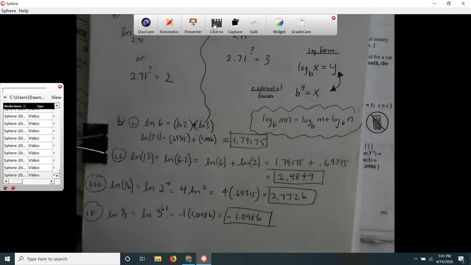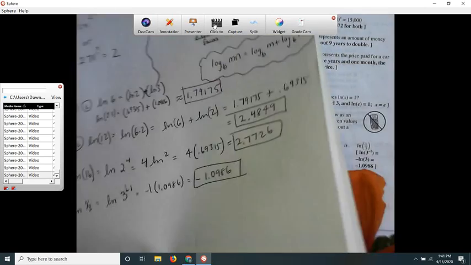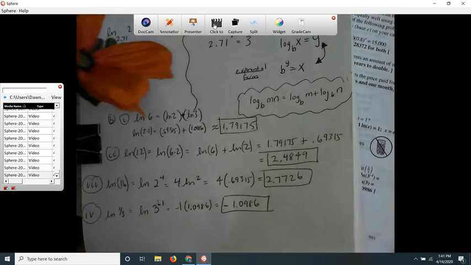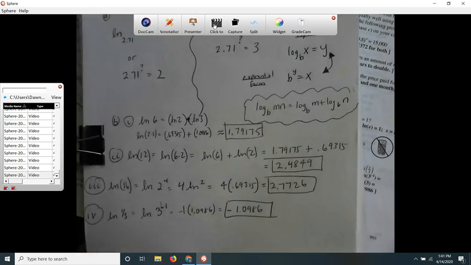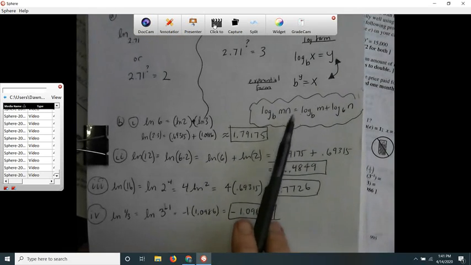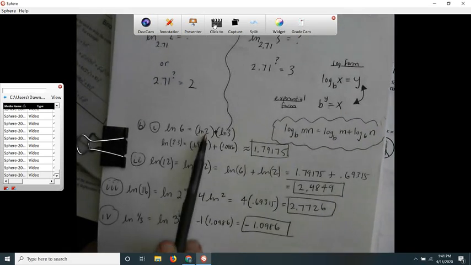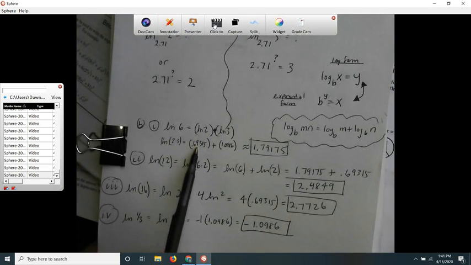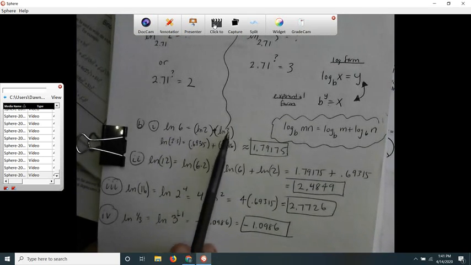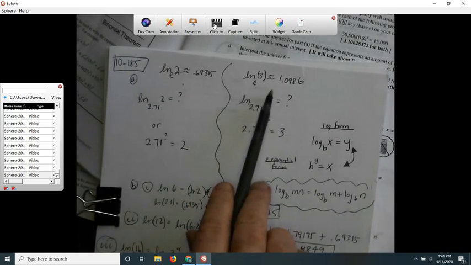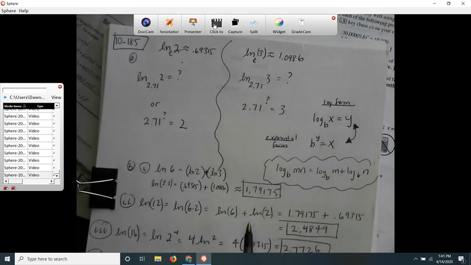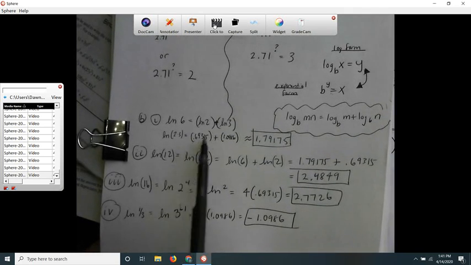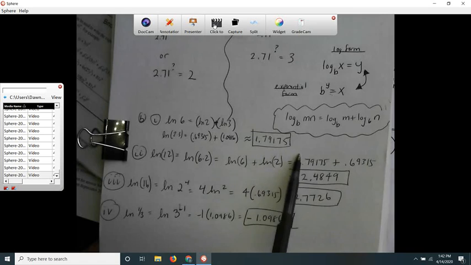If you had that sheet of paper, the log law. I don't happen to have it handy, but anyway, this is the one that you need. So I broke it apart into 2 times 3. So ln of 2 is 0.69 because they told us that. And ln of 3 is 1.0, whatever that number was. And then when you add them together, you get this.